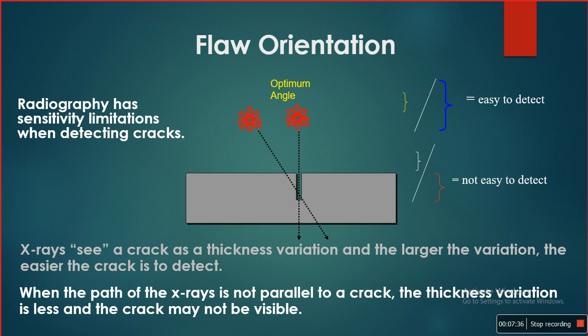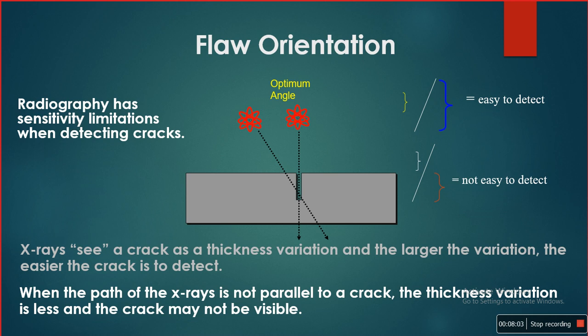So this is one limitation of the radiography technique. We need to conduct several examinations of a single component from different orientations to get the exact location or exact details of the flaw in correspondence with the thickness of the component.